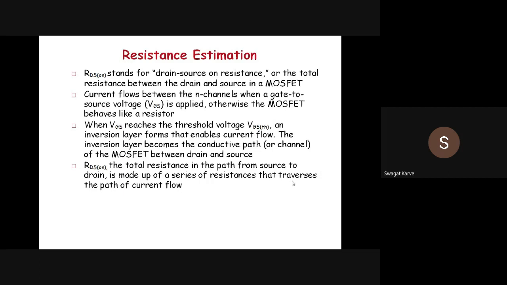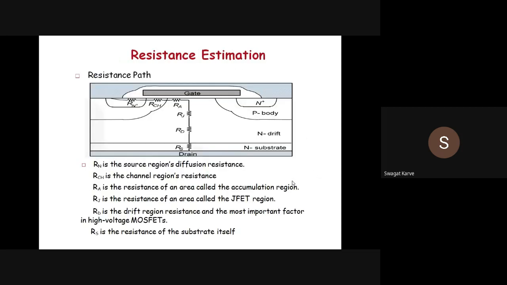Now the next thing is, what are the different series resistances that the MOS transistor will exhibit? You can look at the diagram. It's the drain to source resistance, or you can say source to drain. As it's symmetrical, you can interchange the drain and source terminals, no problem. So basically it's the R on resistance.